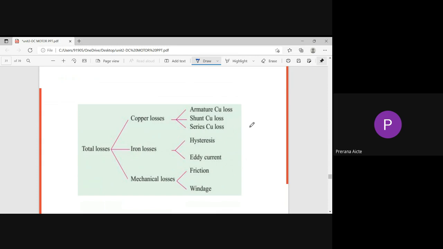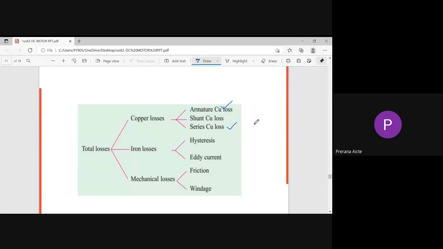What are the variable losses? Armature copper losses are variable losses, and series field copper losses are also variable losses. All the remaining losses we treat as constant losses. Shunt field copper loss occurs when current flows through the shunt field winding, which has some shunt field resistance. But the shunt field current is constant.